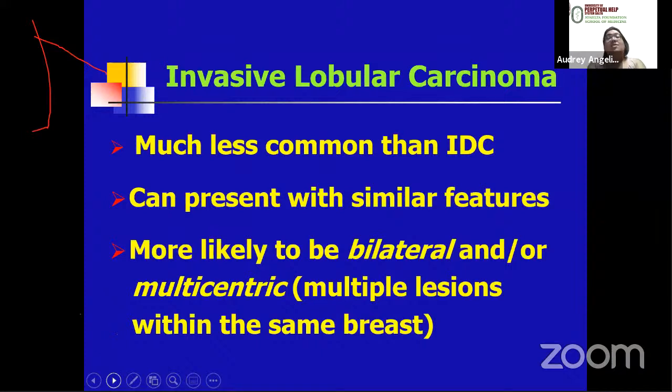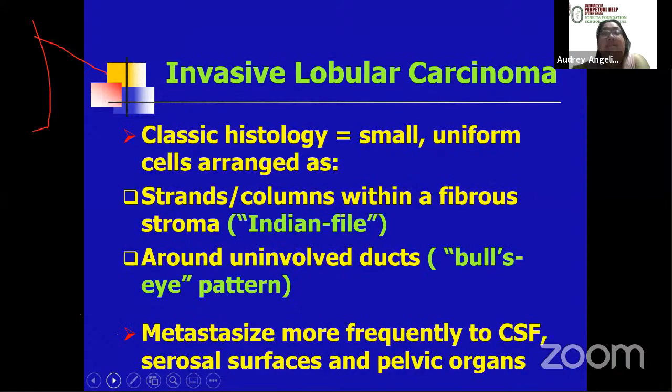Okay. So your invasive lobular carcinoma is less common than your IDC. It will present with similar features, but it's more likely to be bilateral and would have multicentric lesions within the same breast. So this would be the pattern: Indian file, which is strands or columns within a fibrous stroma or around uninvolved ducts, which would be your bullseye pattern.